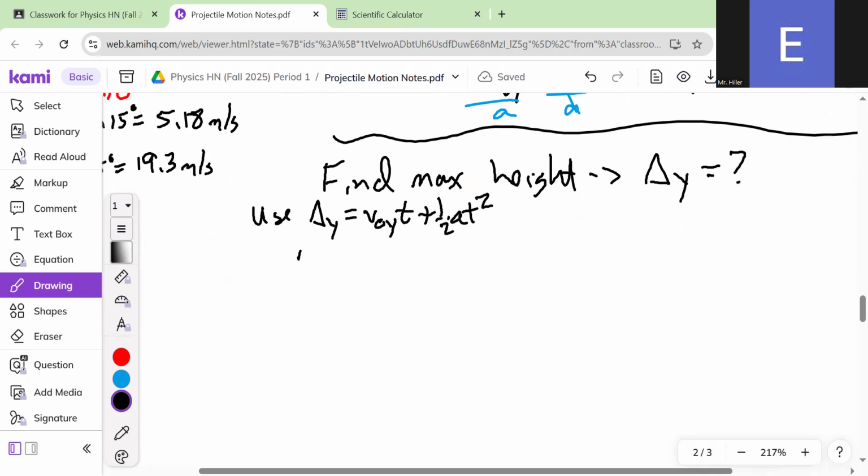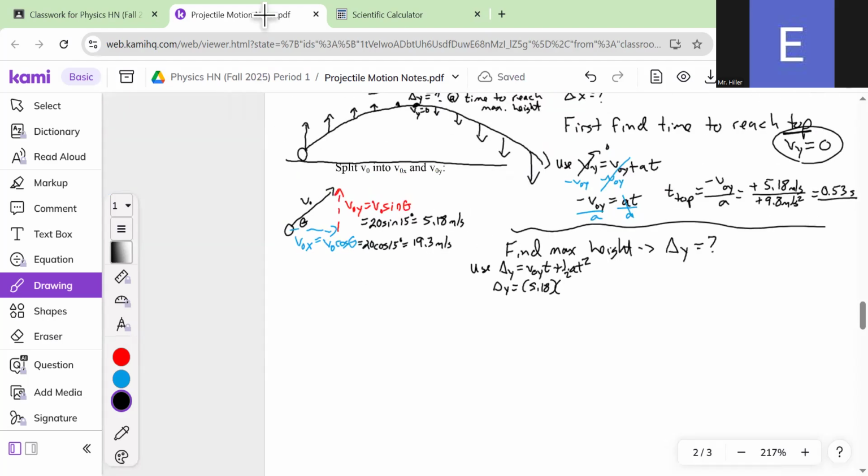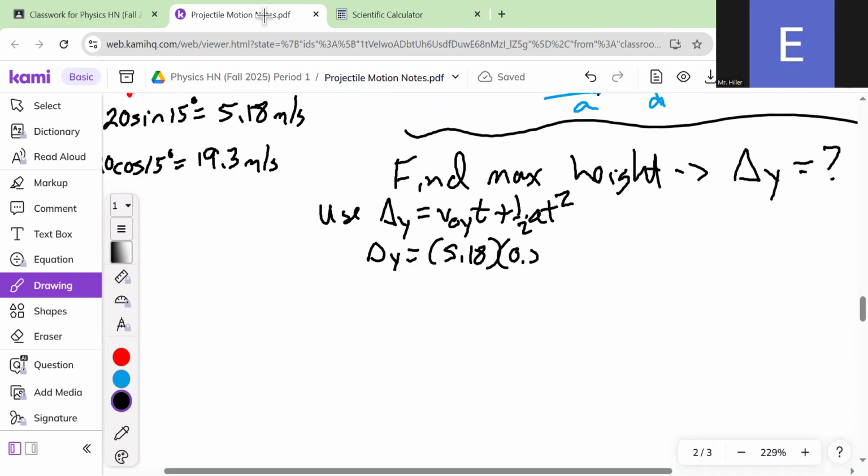There's more to plug in, but I can still do it. V naught y is 5.18 times the time to get to the top, 0.53, plus 1/2 times negative 9.8 times 0.53 squared.